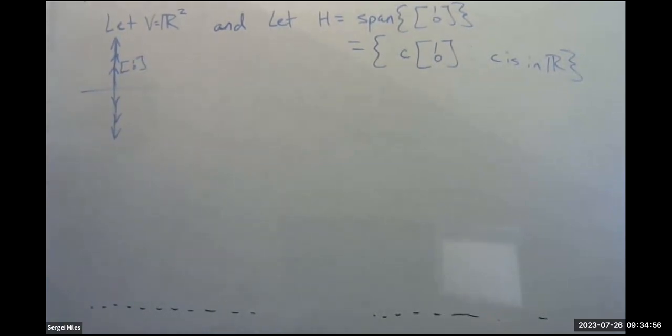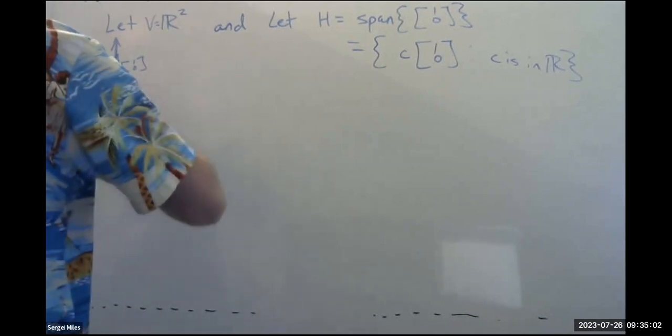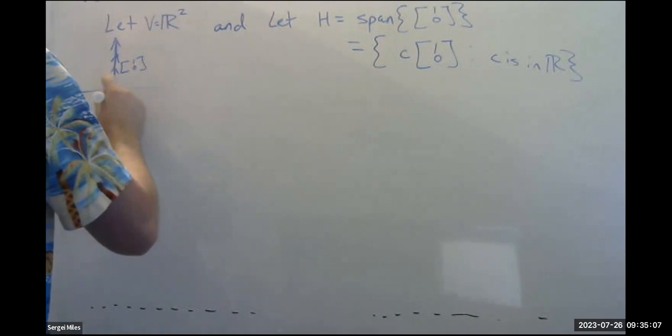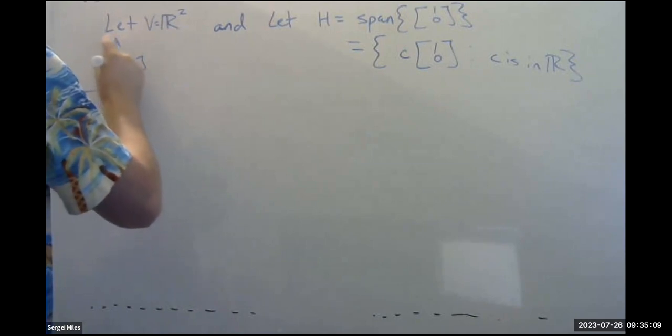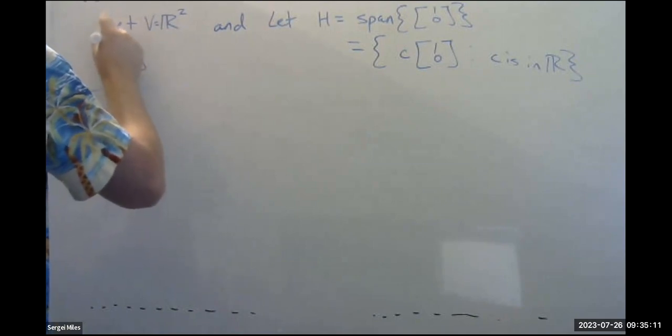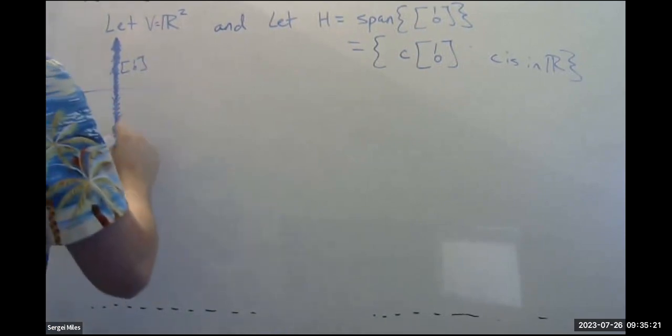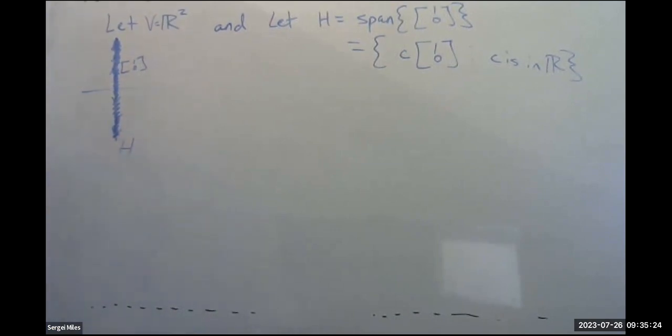I can multiply it by irrational numbers. I can multiply it by any constant I like, and it's going to fill in the entire y-axis, right? This is what the span of (1, 0) looks like. It is the line x equals 0, right? This is what the set H looks like.